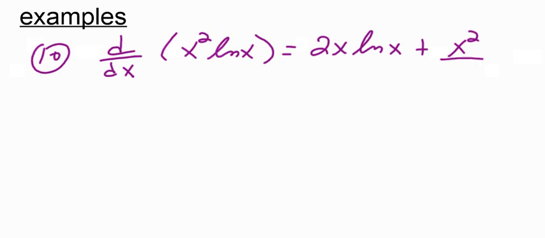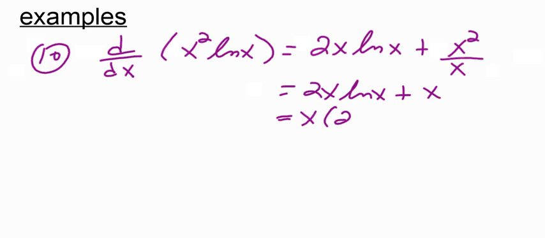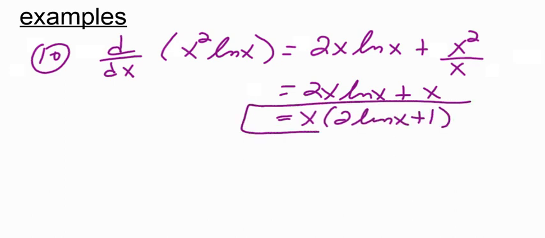So the derivative of ln of x is 1 over x, and I'm going to write it as one term together instead of two different factors. So from here, I'm just going to simplify: 2x ln x plus x. So I'm going to do a GCF. And there's my final answer for the derivative of this one.